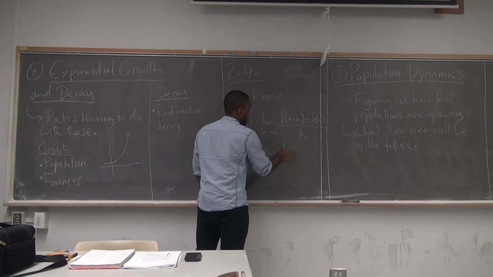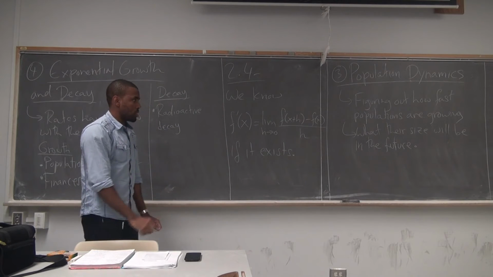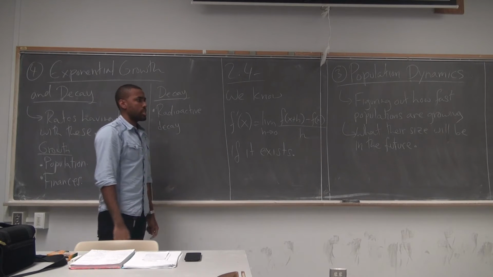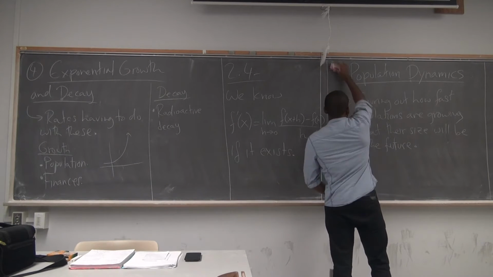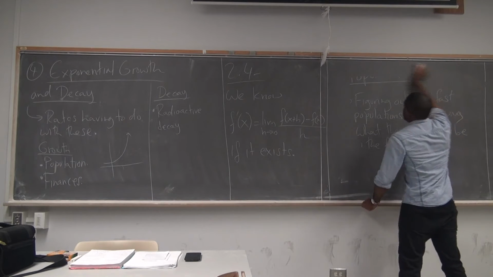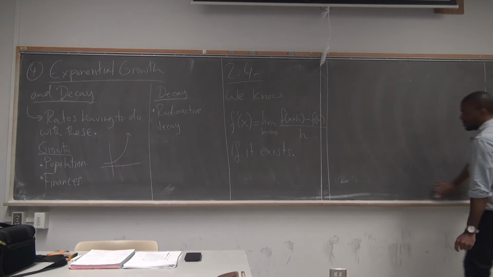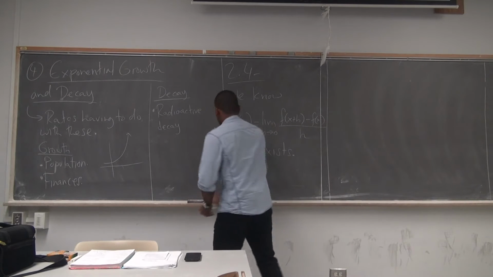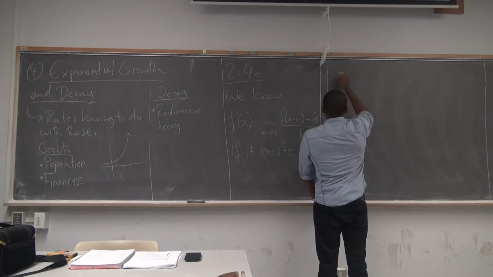Now remember, it's a limit, so it's possible for it not to exist. Right now I want to talk about the case where it doesn't exist. When would a derivative not exist? When would I not be able to do calculus to solve a problem? Or when do I have to be careful when I'm doing calculus and think of things a little bit differently?